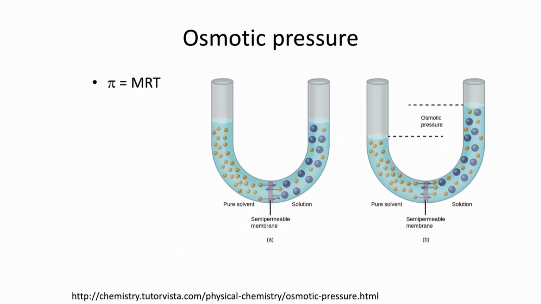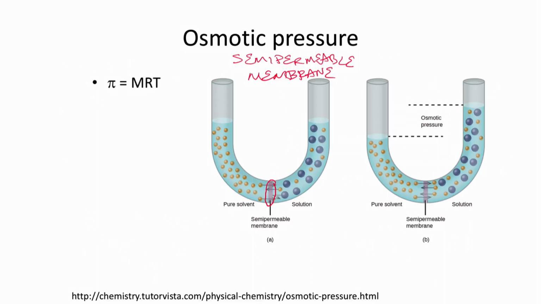So here's how osmotic pressure works. Let's pretend you have a semipermeable membrane that separates two sides of something. The semipermeable membrane is right there.